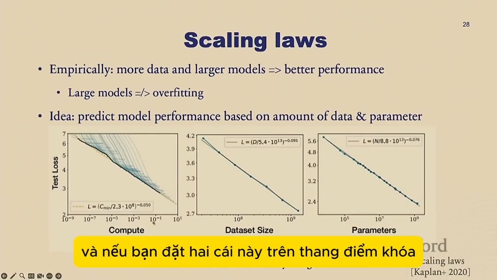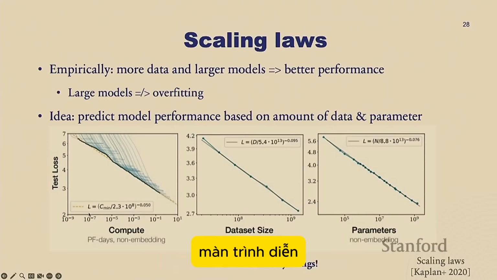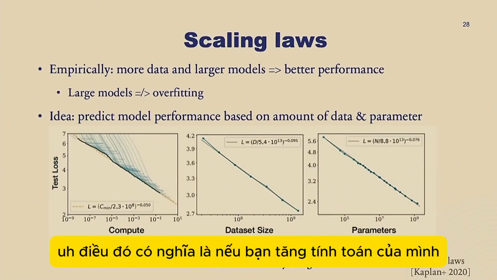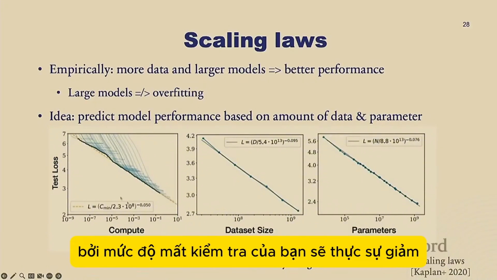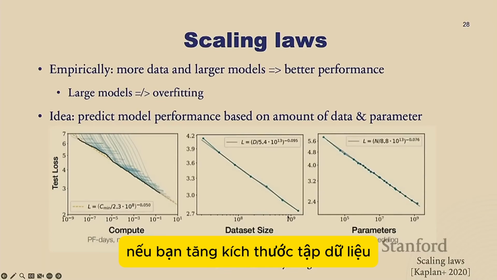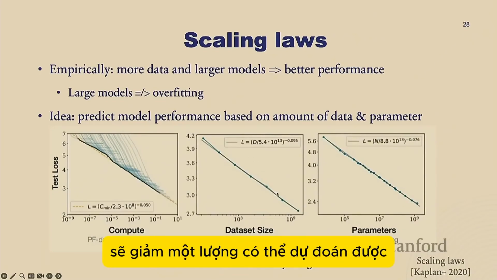And if you put these two on a log scale, then you see that the scaling law is linear. That means that if you increase your compute by a certain amount, you can say by how much your test loss will actually decrease. Same thing with data, and same thing for parameters. If you increase the data set size, your loss will decrease by an amount that is somewhat predictable.